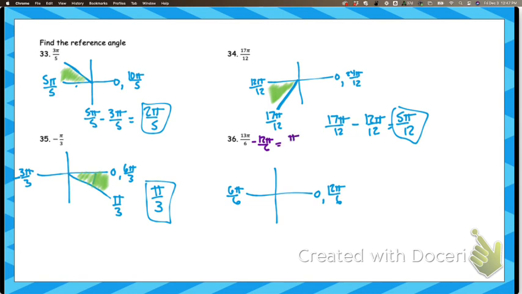Subtract a full circle, find a coterminal angle. Pi over 6 does not get to 6 pi over 6. It's closer to 0 than it is to 6. Reference angle is the distance in between, which is a distance of pi over 6. All right, so that is your review for your test.